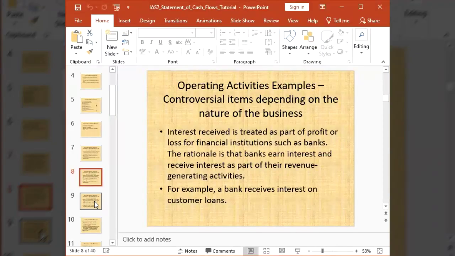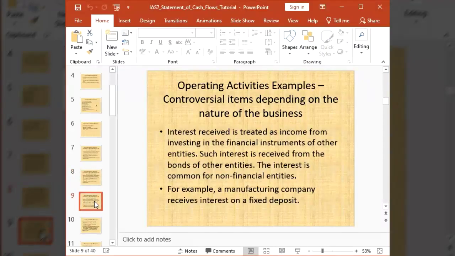But for any other type of business that is not a bank, interest received is treated as income from investing activities, because we say that the reporting entity has invested in the financial instruments of other entities, and such interest is received from the bonds of other entities. For instance, if a manufacturing company receives interest on fixed deposits.